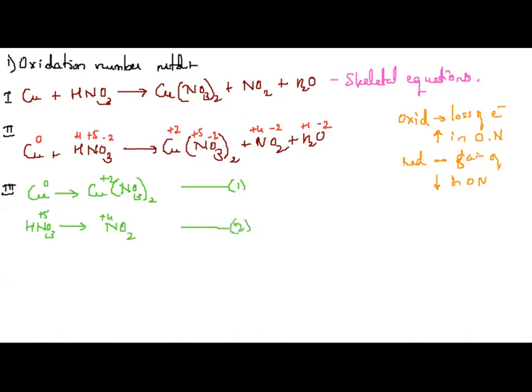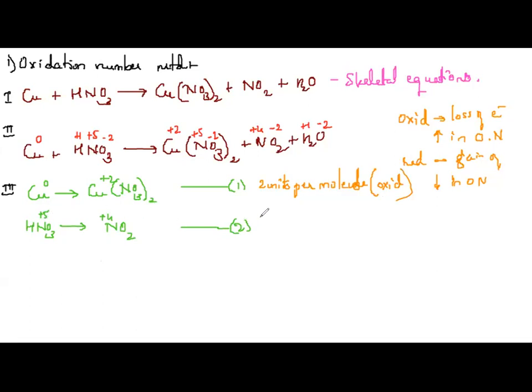Okay, fine. Therefore, what can I say? From 0 to +2, there is an increase in oxidation number. Therefore, it is oxidation. So the increase in oxidation number of copper is 2 units per molecule, correct? Then HNO3, the decrease in oxidation number is how many units?